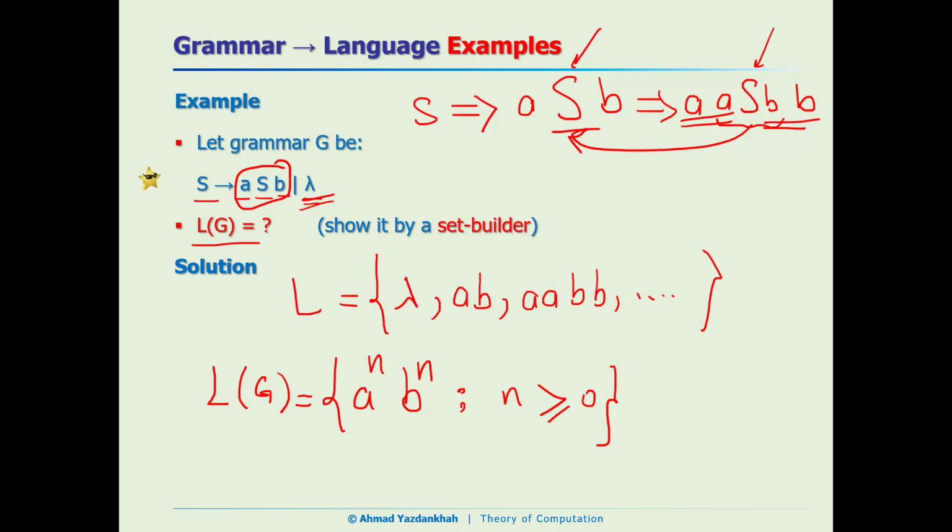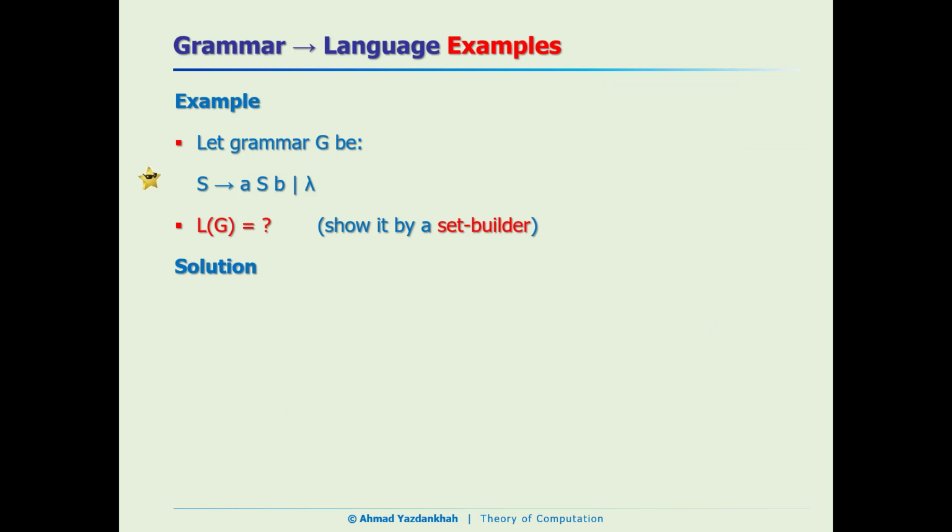Fantastic. So we need to keep these languages in mind. Can I have a conclusion here? Because I just proved that this grammar is representing A to the N, B to the N, which is a non-regular language. So grammars can represent non-regular languages. And in the previous example, it represented A to the N, which is a regular language.